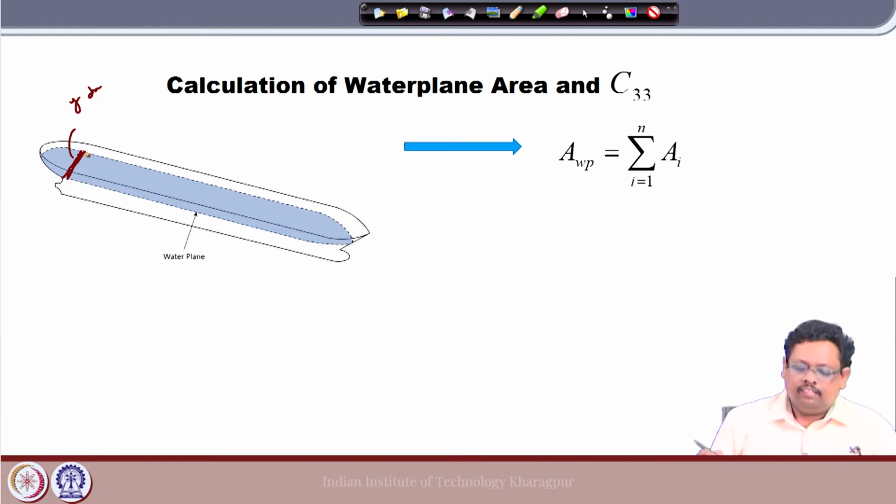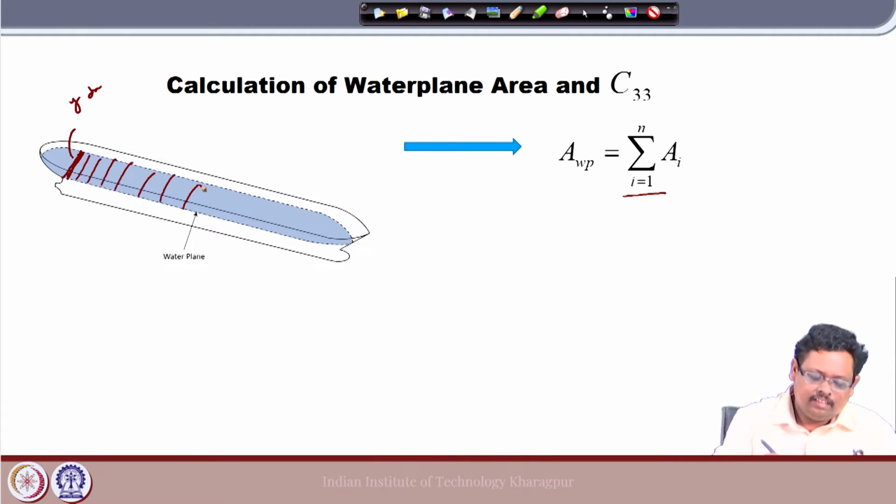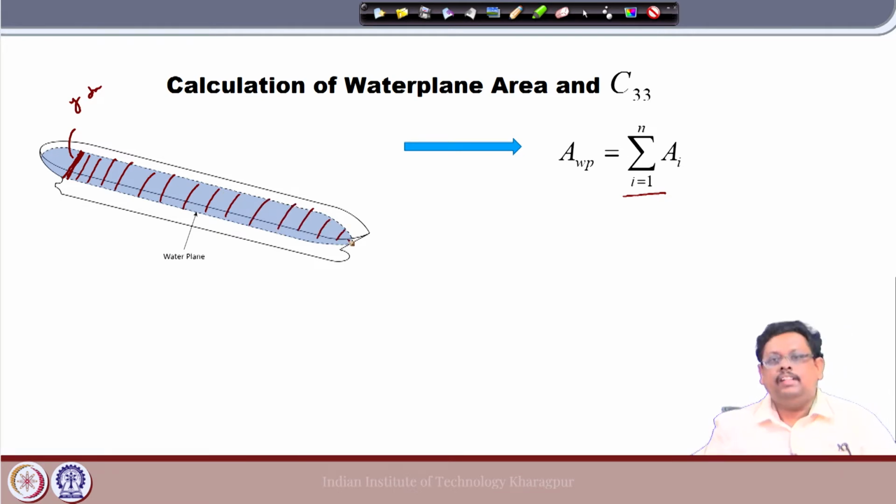Then if you successively add this area for each section, you can get the water plane area. Now, how do you get it from the offset table?